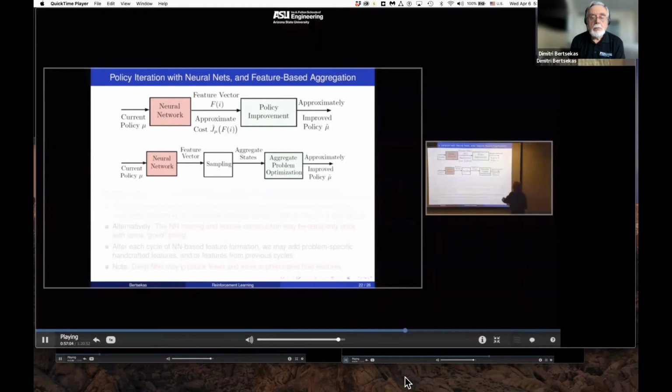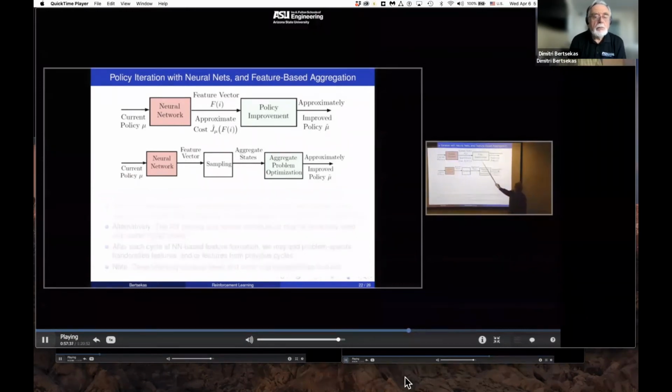We have a scheme that generates a sequence of policies, and from the current policy, we train a neural network to represent the cost function of that policy. How do we do that? The neural network generates a feature vector, linearly weights it, and obtains an approximation to J mu, the cost function of mu. And then we do a policy improvement operation, a one-step look ahead, and I obtain the improved policy.